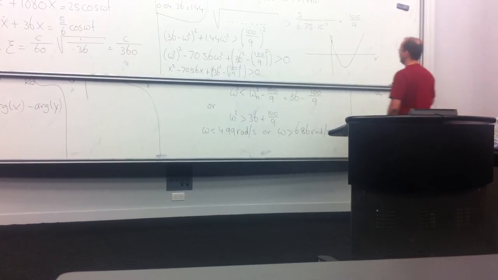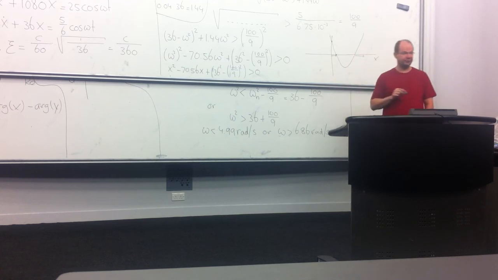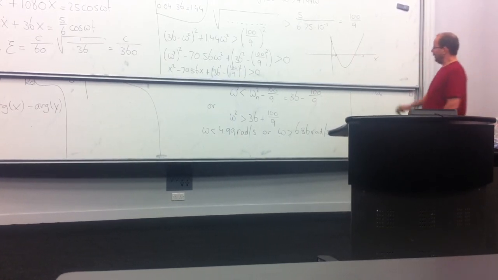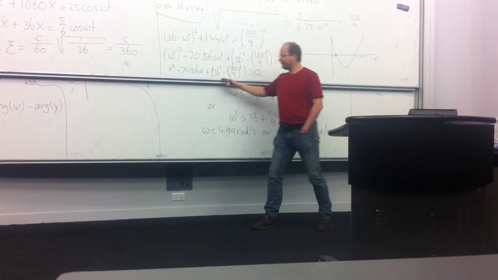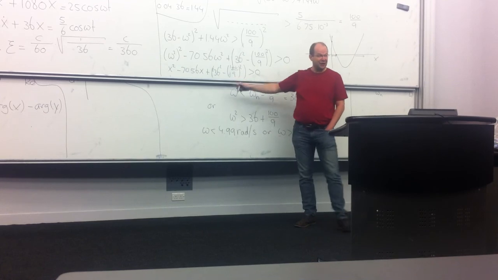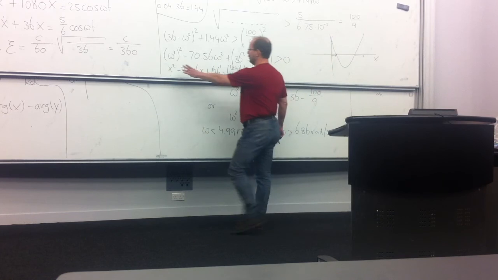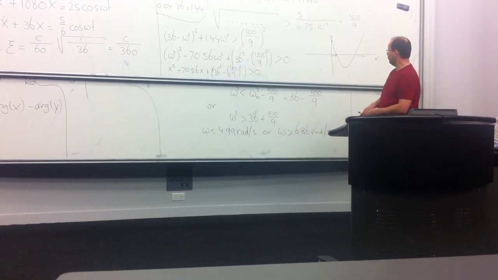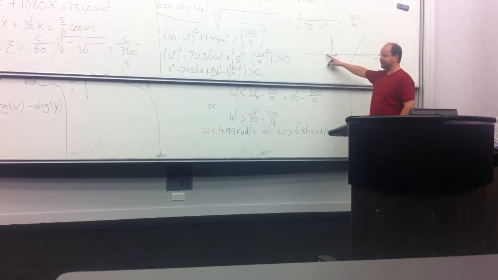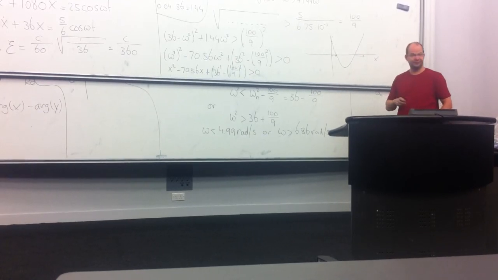So it is larger than 0 when x is smaller than this value, and x is larger than that value. And how do you find these two values? Well, you find it by setting this thing equal to 0, i.e. applying the quadratic formula to this thing. So if you apply the quadratic formula, you find two solutions. And then the conclusion is that omega square is either smaller than this value, or omega square is larger than this value.